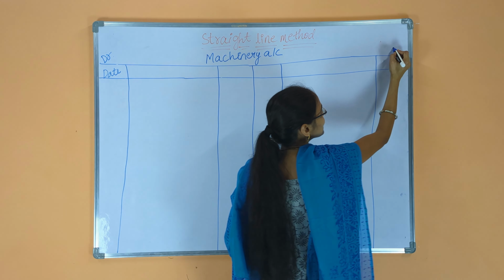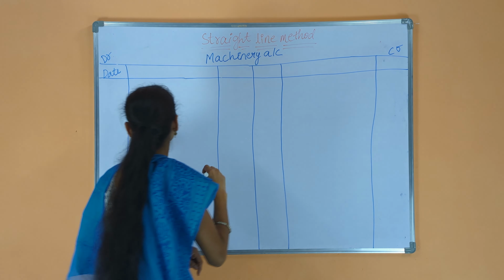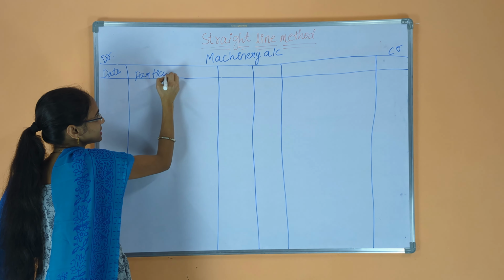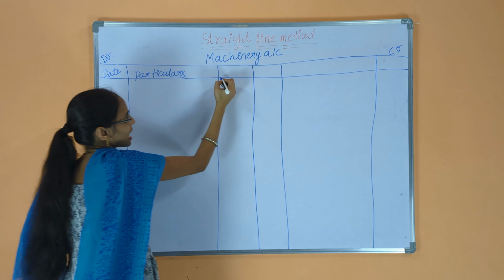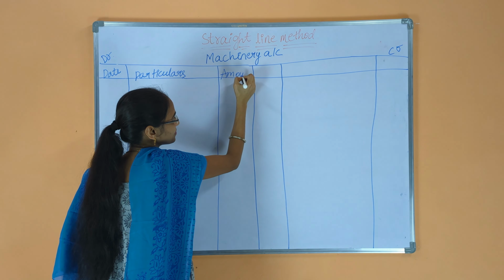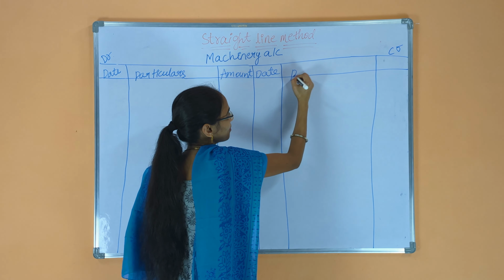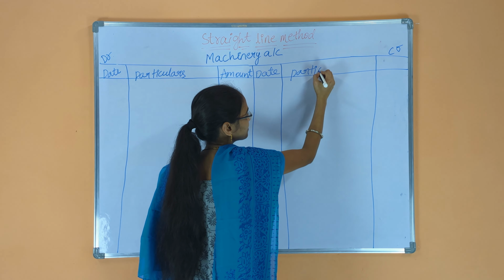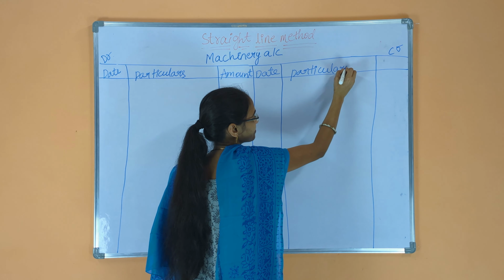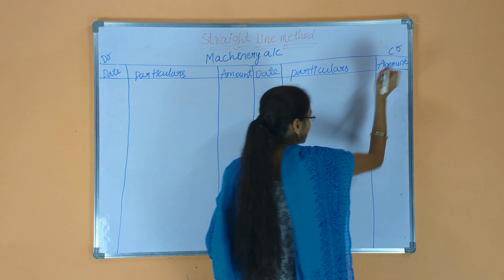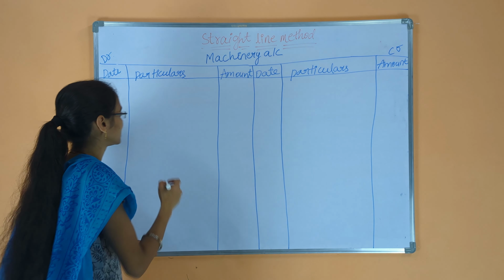Right side is called credit. Date, particulars, amount. Date, particulars, amount.